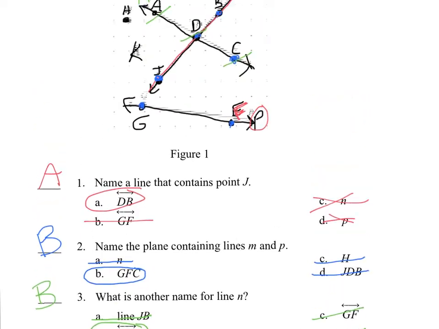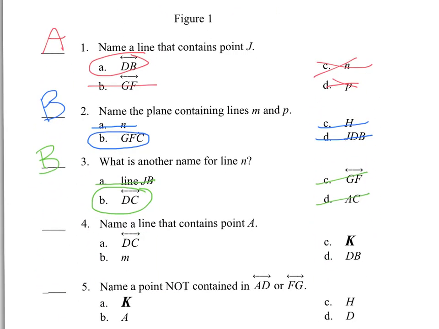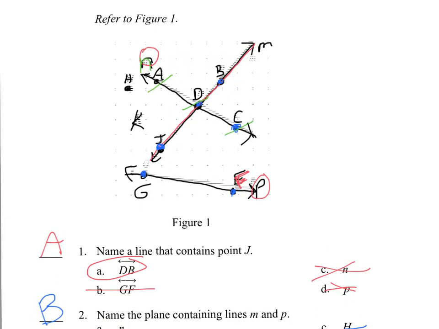Okay, we're looking at number 4 now. It says, name a line that contains point A. Point A is right here, so again, it's the same one. We could call that line N, or any of those points, A, D, or C, need to be included in that.